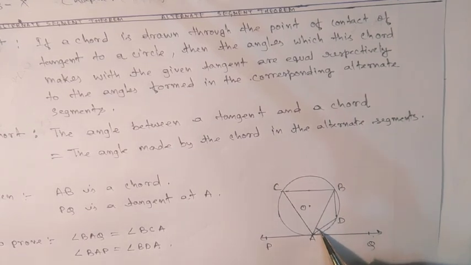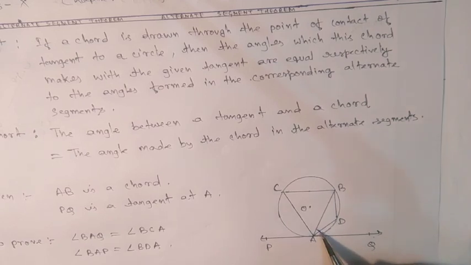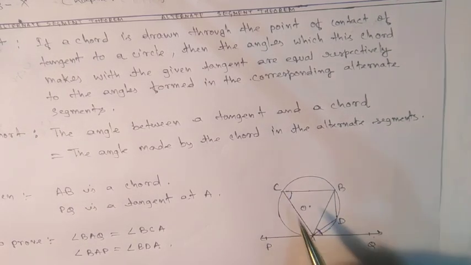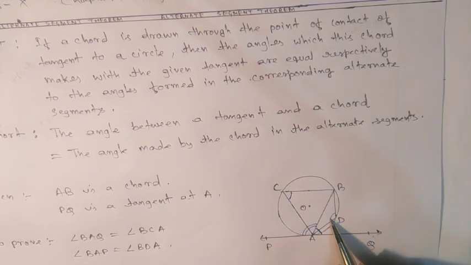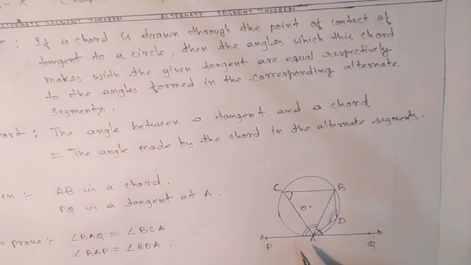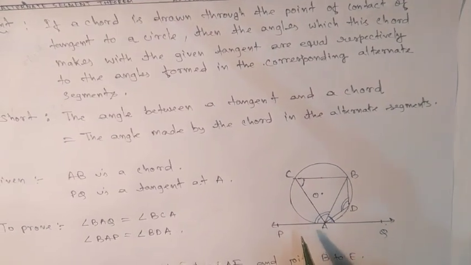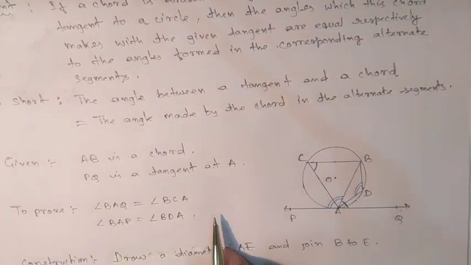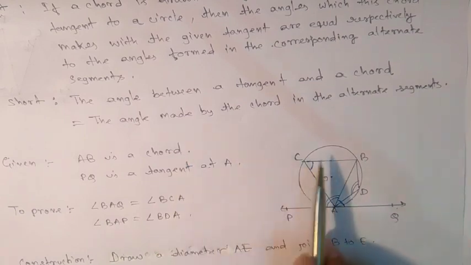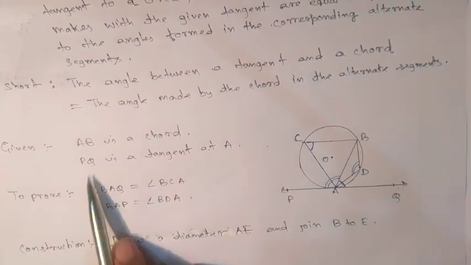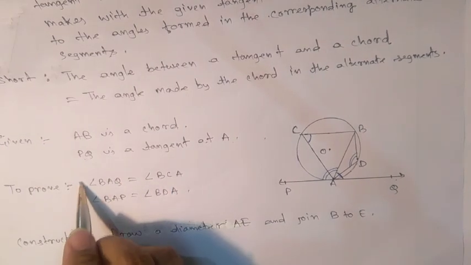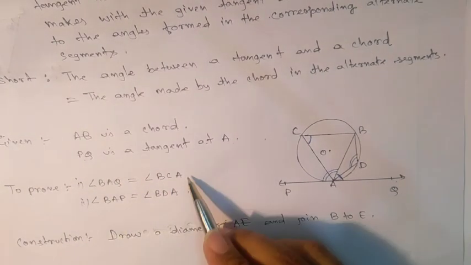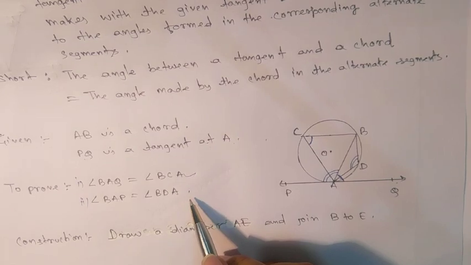If we take this angle, then it must be equal to this, and if we take this angle, then it must be equal to this. This is the alternate segment theorem we need to prove. Here AB is a chord and PQ is a tangent at A. Now we need to prove these 1 and 2. Generally we prove only one, and the second one we say similarly.